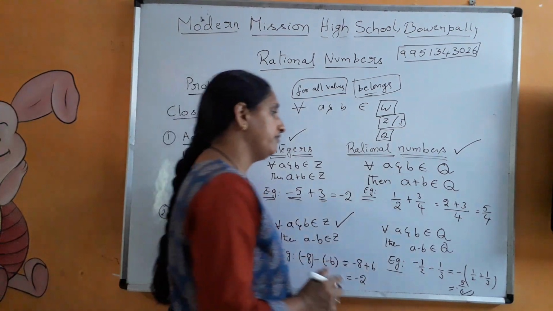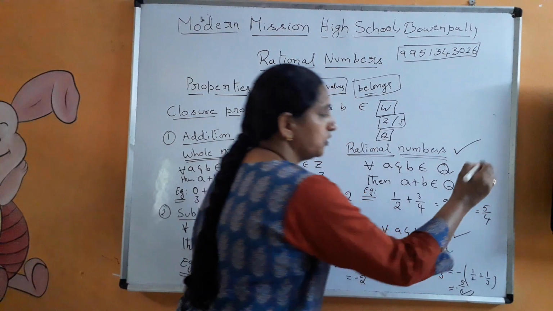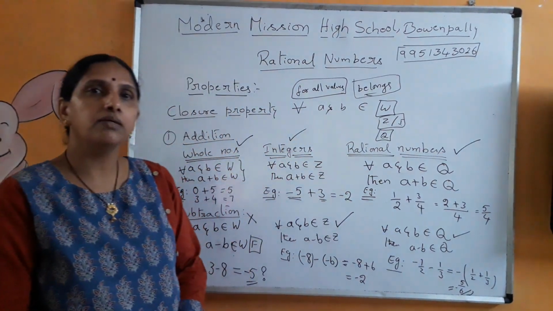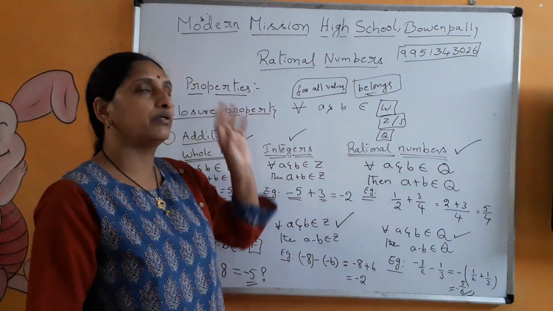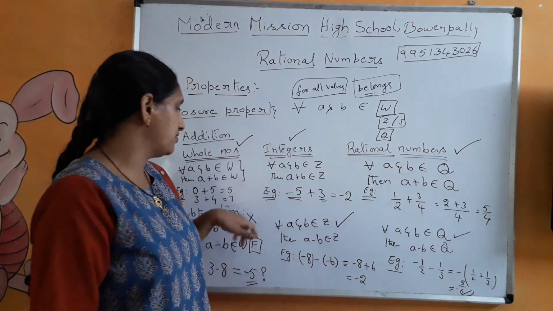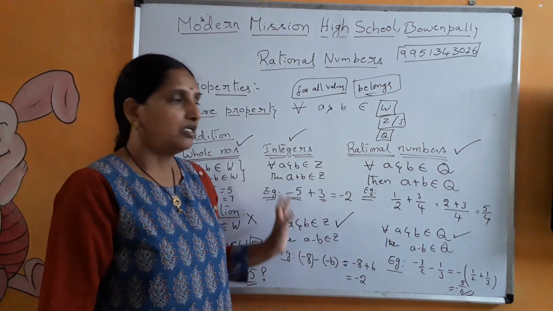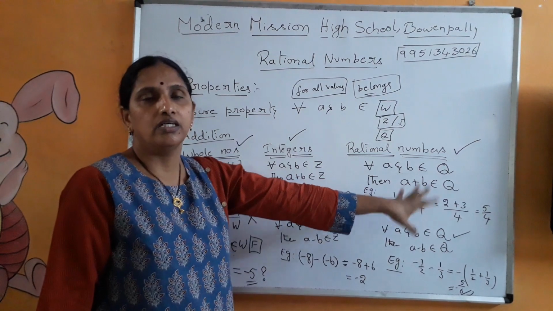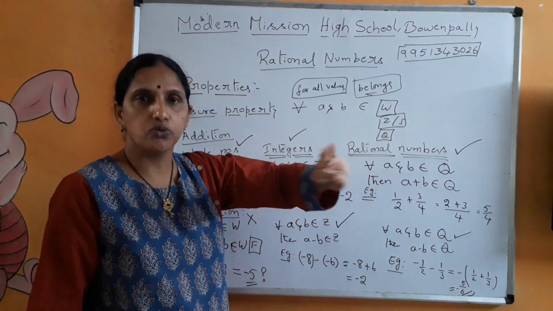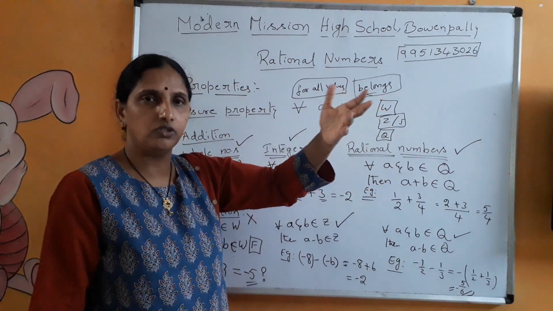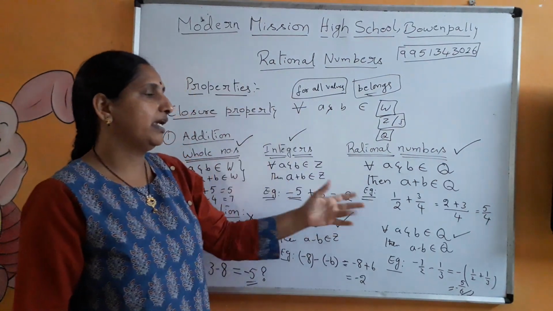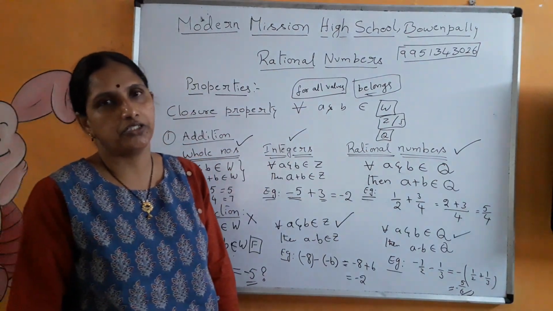So what can we conclude? We can conclude that rational numbers obey closure property under subtraction. Means for this operator rational numbers are closed. We can say like this also: closure property is obeyed, or they are closed under subtraction.